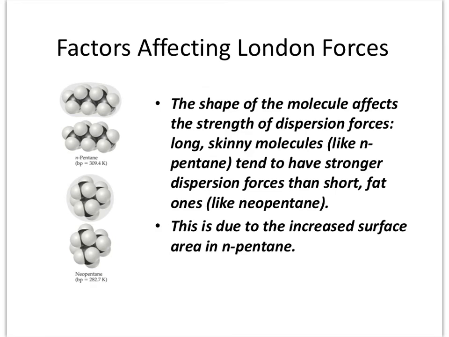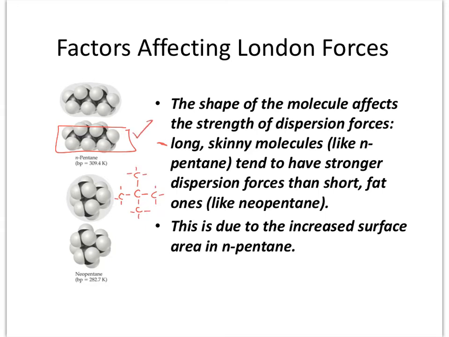The size and shape of the molecule will impact its polarizability and also the strength of its dispersion forces. A long, skinny molecule, like a linear, let's say, hydrocarbon, would tend to have stronger dispersion forces than an isomer of it, like another version of the same molecule.